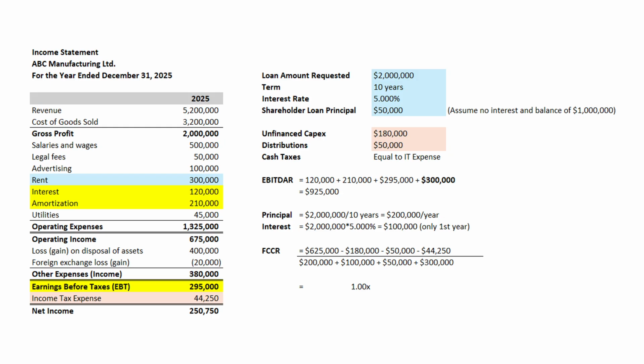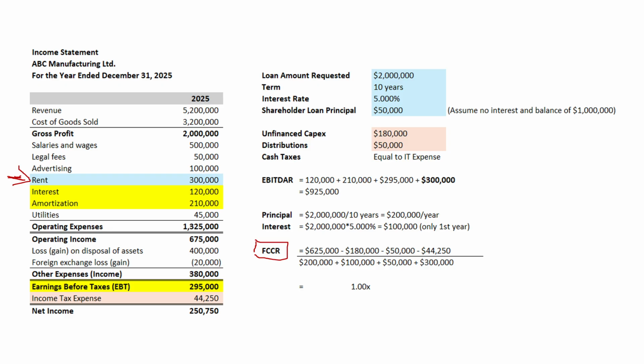All right, so now let's look at the more enhanced version, which is FCCR. Again, this is going to be a little bit more complex. Like the shaded in blue here, the rent. Now that we're adding rent to it, keep in mind what I said earlier, we usually don't add rent into the FCCR, but you'll see it's very similar to DSCR.